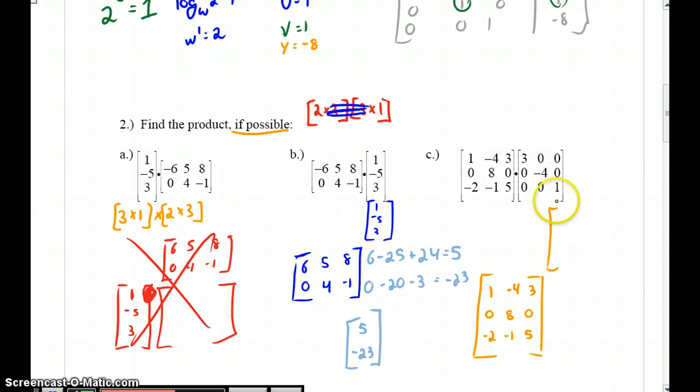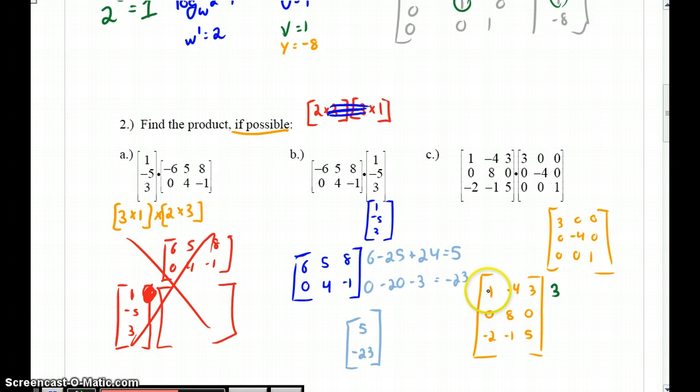And I'm multiplying that with 3, negative 4, and 1, with the rest being zeros. So let's see. The number that goes in here, that's going to be 1 with the 3, 0 with the 4, 0 with the 3. 1 times 3 is 3, and the rest are just zeroed out.